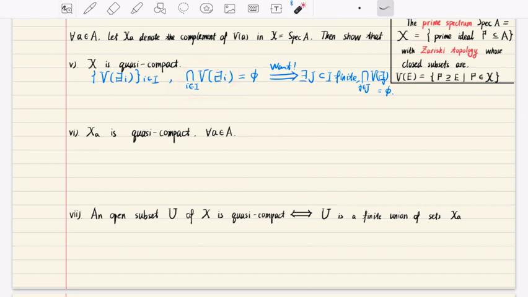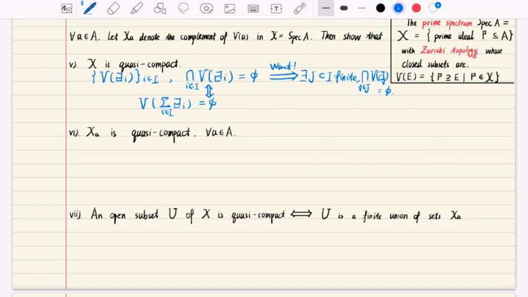The intersection is empty, which means that the closed subset corresponding to the union, or the summation, of this family of ideals is empty.